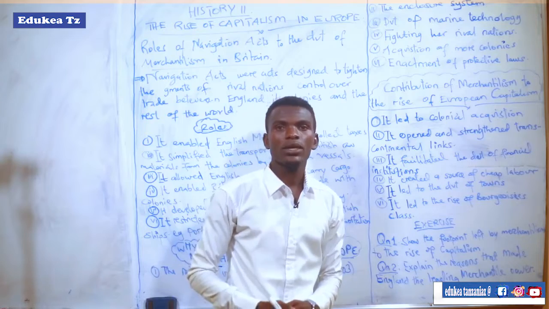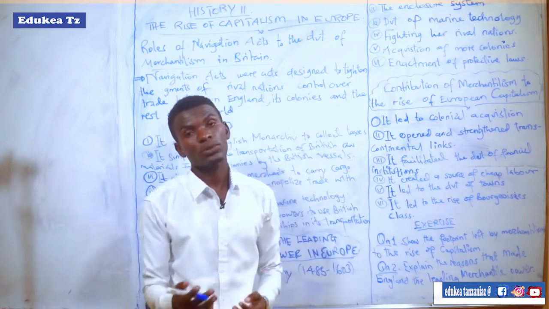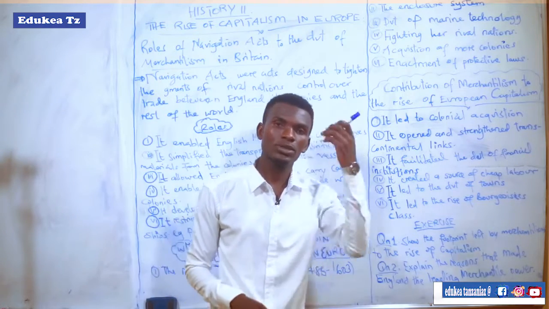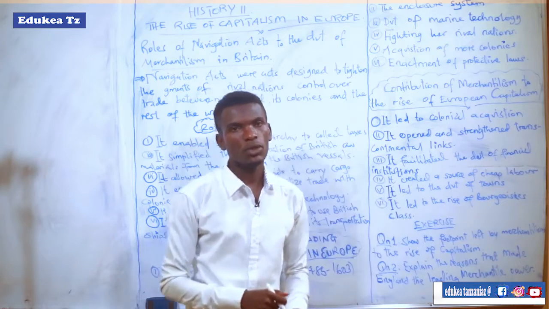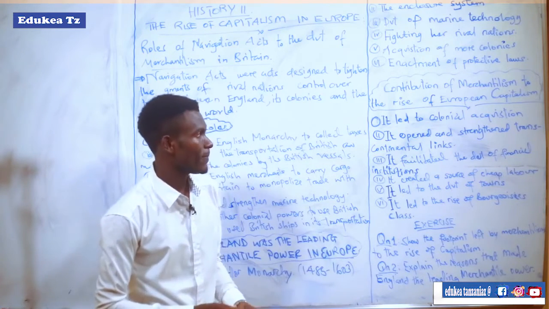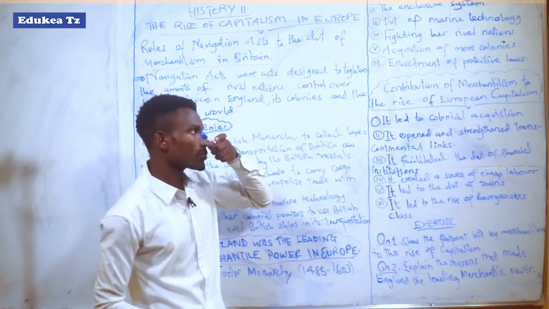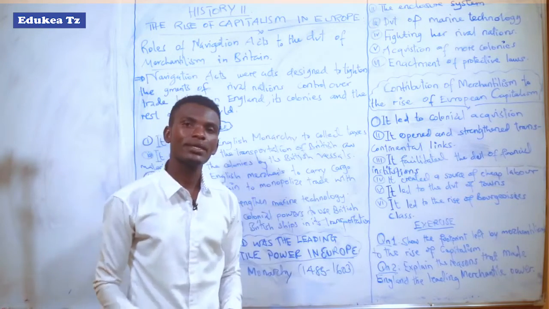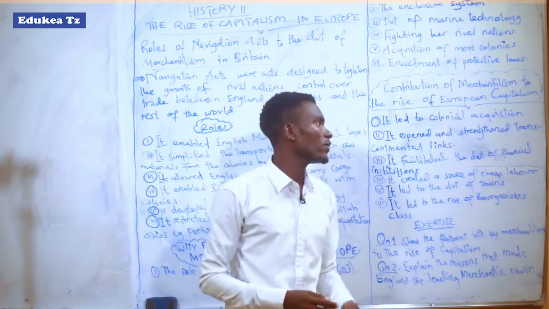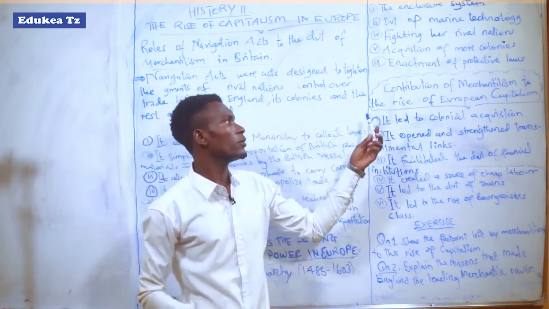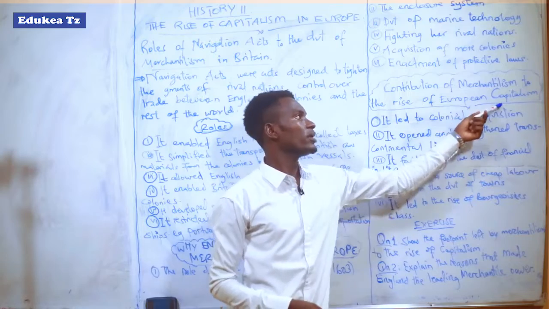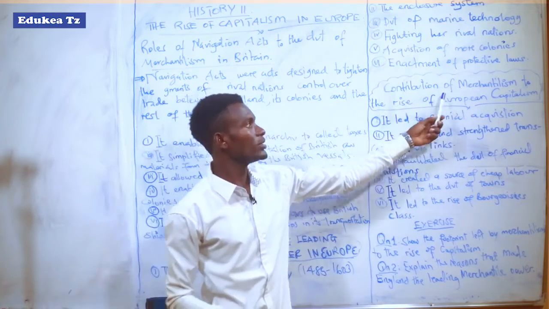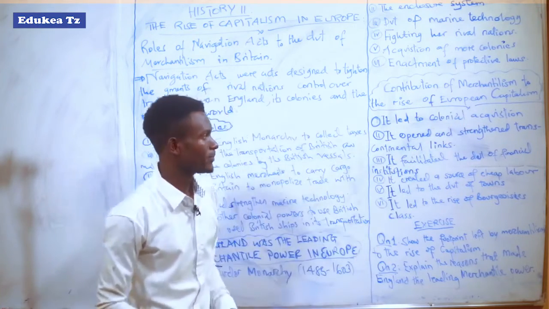It means manufactured goods were transported and stored in those colonial areas, which made those European nations prevail and make maximum profit. Hence, the development of European capitalism as contributed by mercantilism.